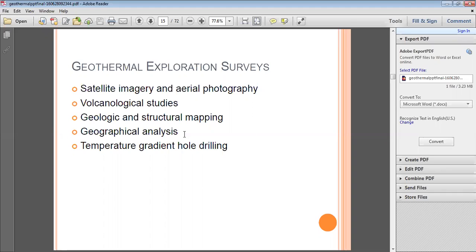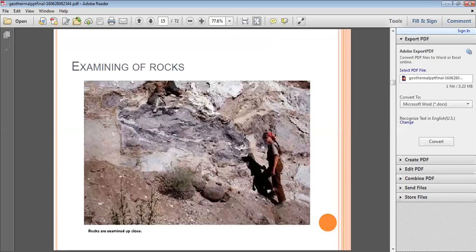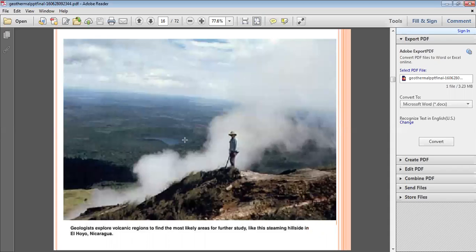Then comes geographical analysis, the analysis of geographical conditions, and temperature gradient hole drilling, where the temperature gradient is retained for the drilling of that part. Geologists explore volcanic regions to find the most likely areas for further study, like this steaming hillside in El Hoyo, Nicaragua, the location of a volcano.